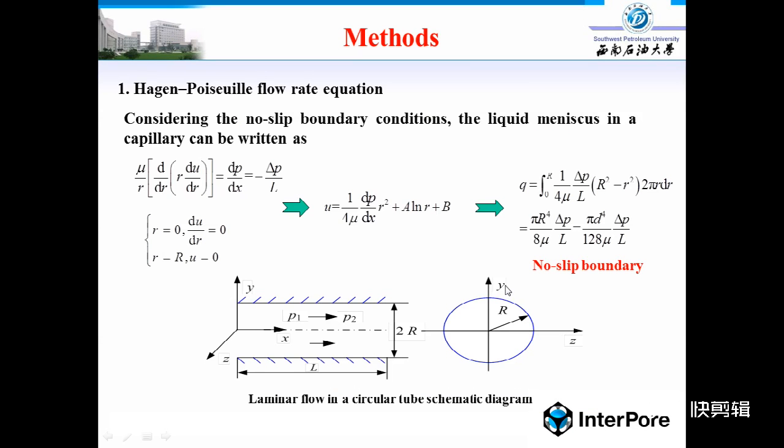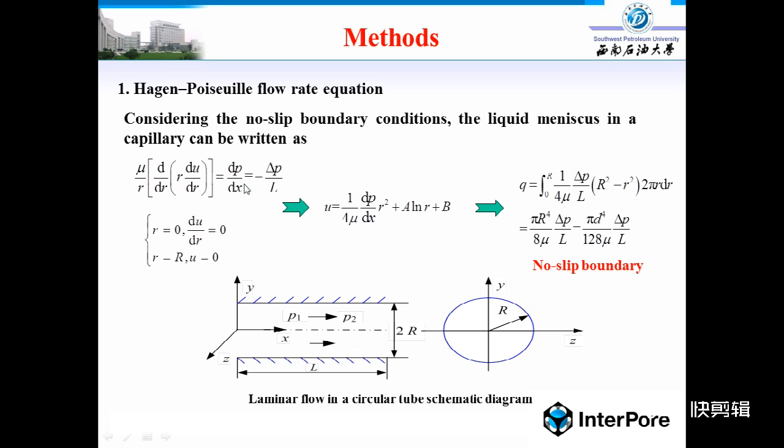Based on the liquid meniscus in a capillary under no-slip boundary conditions, as shown in the picture, by integrating the distance to the capillary center, the incompressible fluid flow velocity can be obtained.